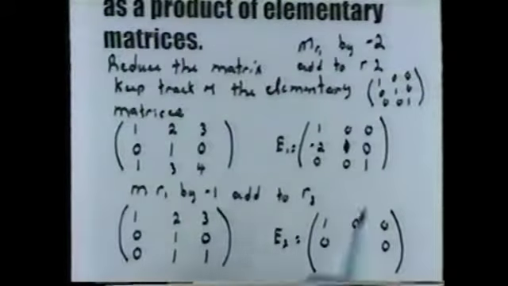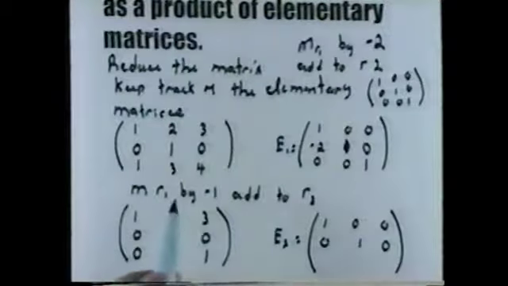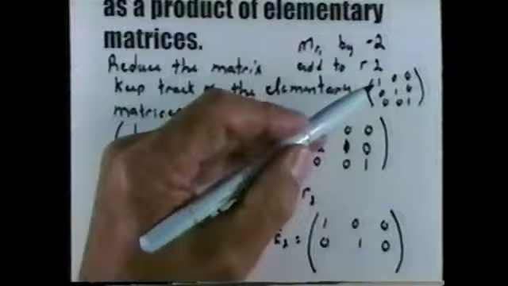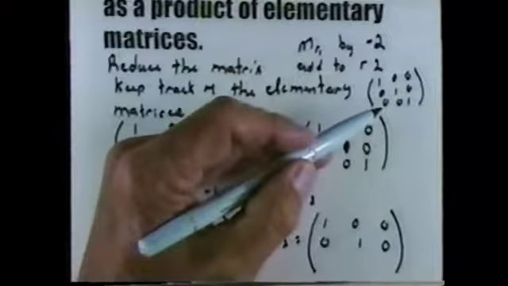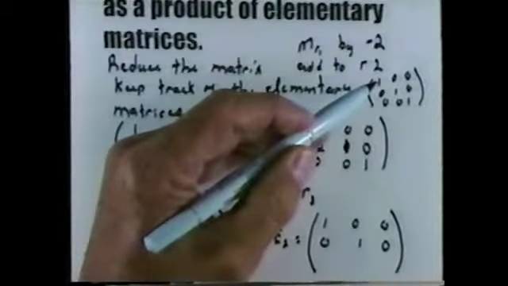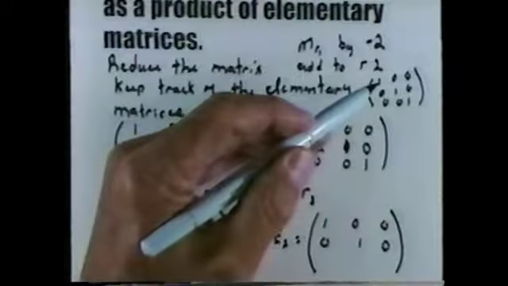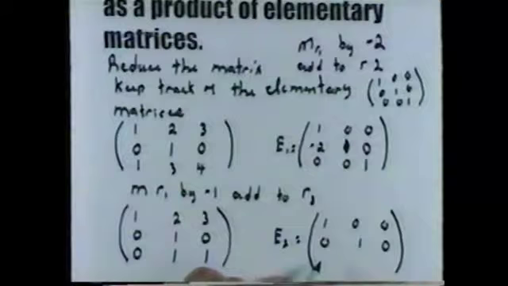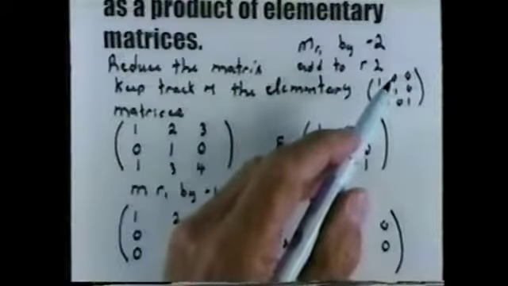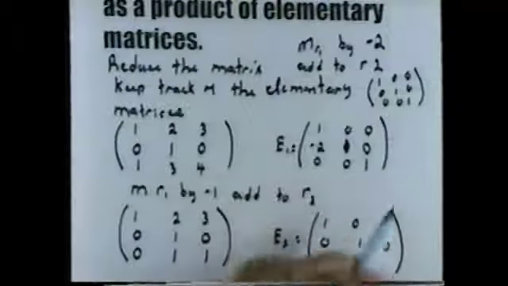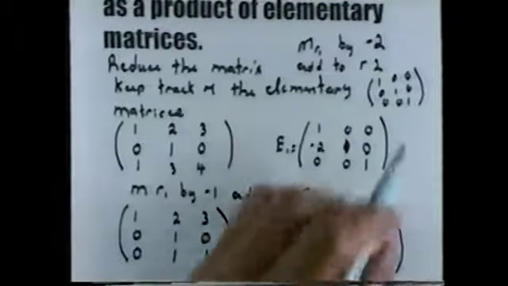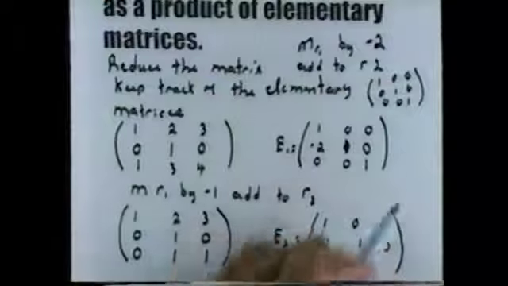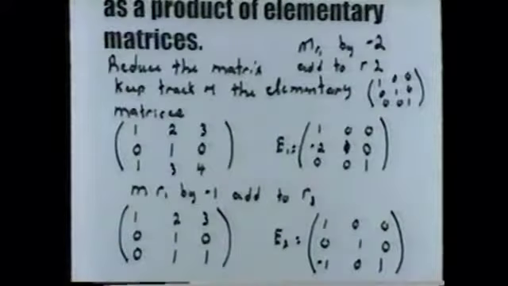With the identity matrix, I'm going to multiply row 1 by negative 1 and add to row 3. Negative 1 times 1 is negative 1, plus 0 is negative 1. Negative 1 times 0 is 0, 0 plus 0 is 0. Negative 1 times 0 is 0, 0 plus 1 is 1.